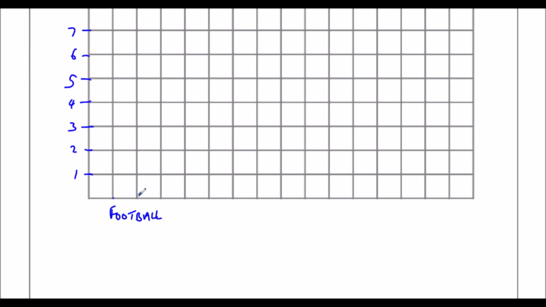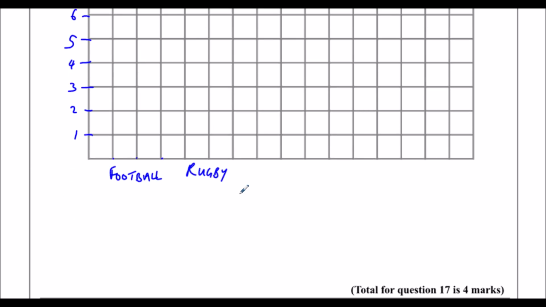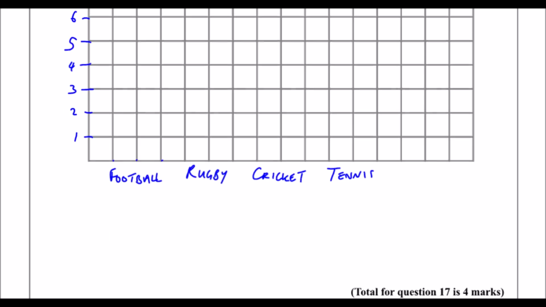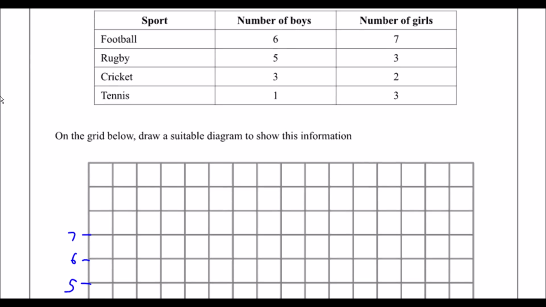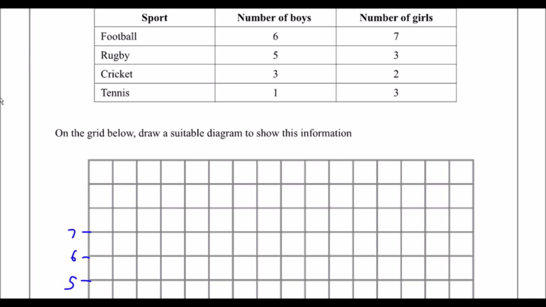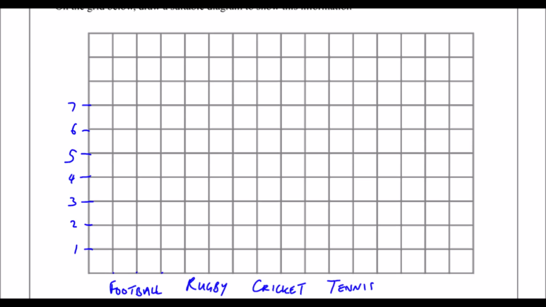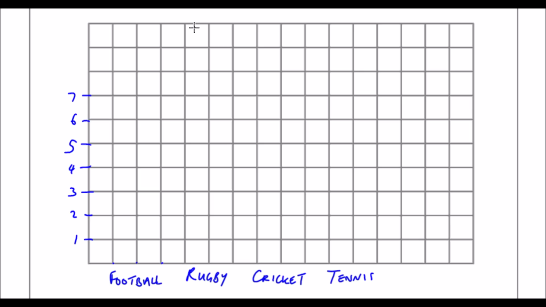So that's room for the bars for football. Then we'll do a gap between them, and then rugby, then another gap, and cricket, then another gap, and tennis. So boys football is 6, and girls football is 7. So get a ruler. So boys football, boys is the first bar.